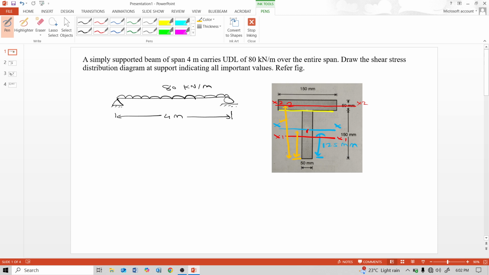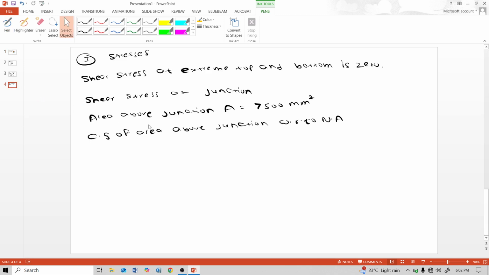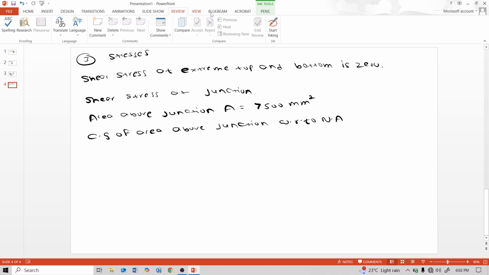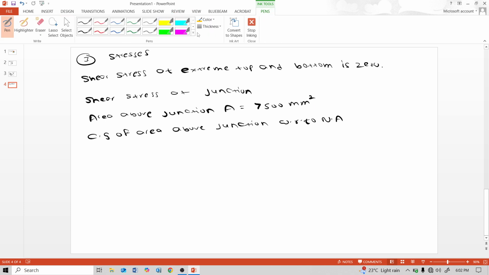That means 50 mm. So the CG of area above the junction with respect to the neutral axis is 50 mm.